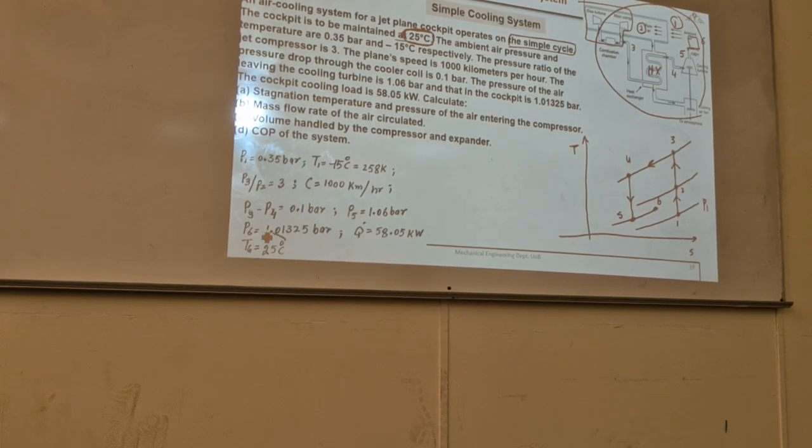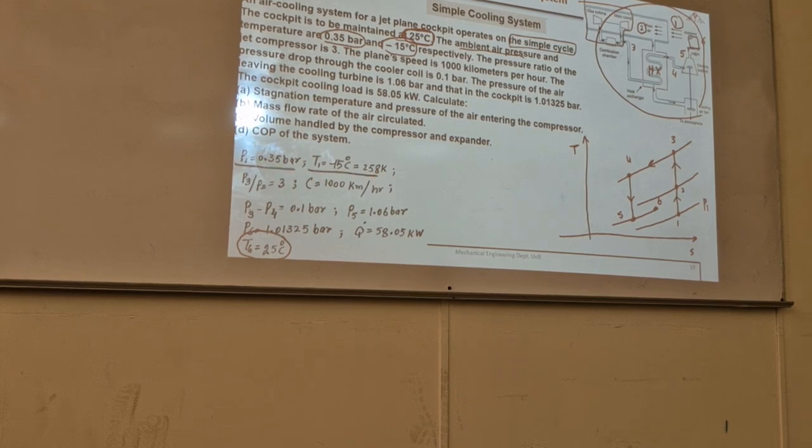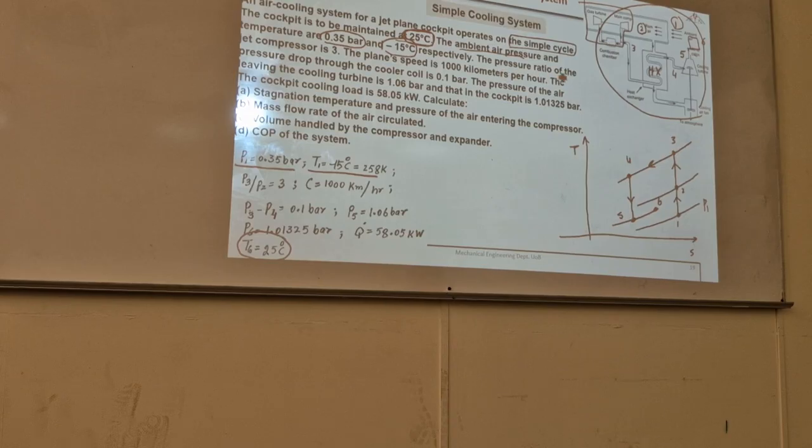Here it's also mentioned, T6 is 25. The ambient air, where is the ambient air? 1, 2, 3, 4, 5, 6. Point 1. So the ambient air pressure and temperature are P1 and T1. The pressure ratio of the jet compressor, which process?